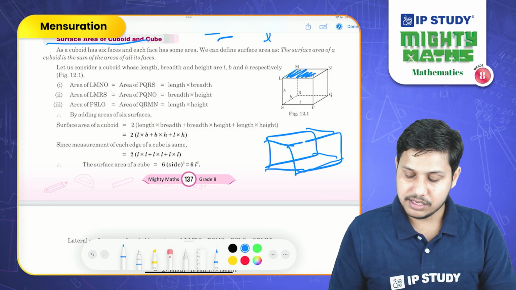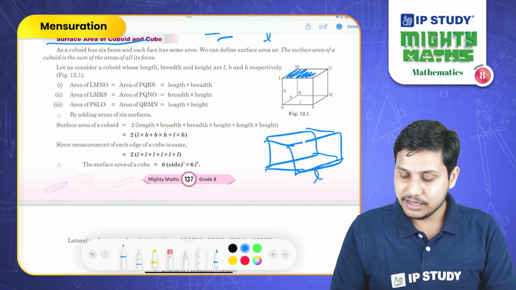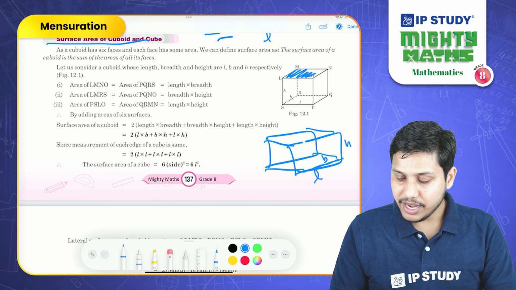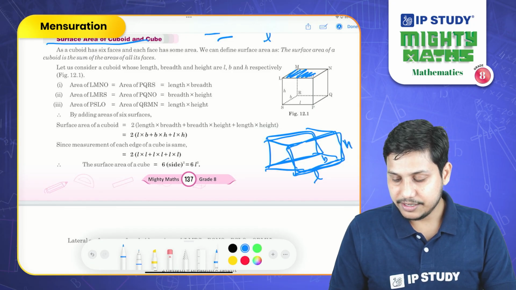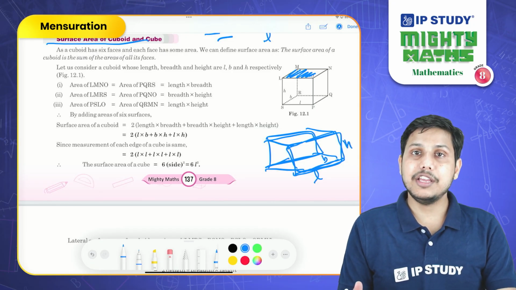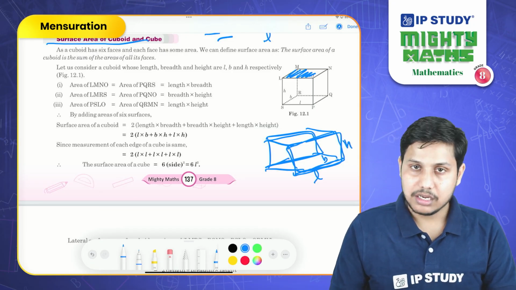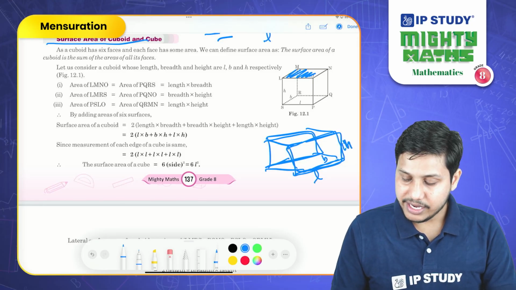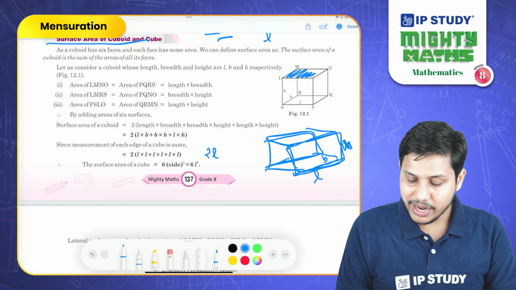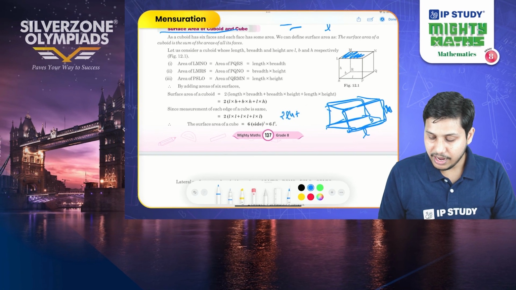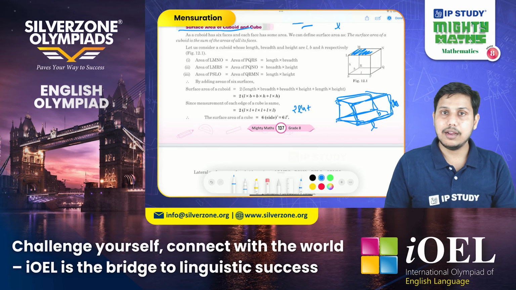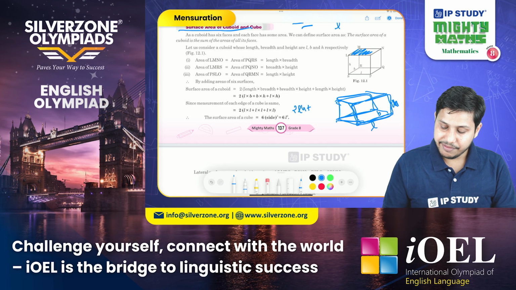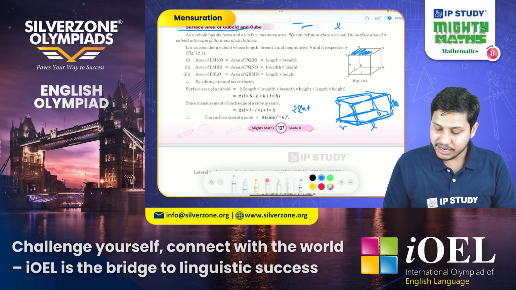Yes, so let's suppose if we have length, breadth and height, so area of this front face and back face will be length times height. Yes, because it is a rectangle, so area of rectangle is length times width. So width over here is h, so we'll have 2 LH. Similarly, we will have one left side face and other right side face, and the dimensions are breadth and height.